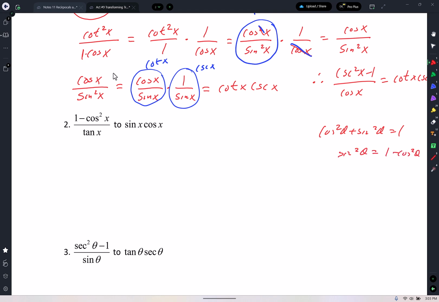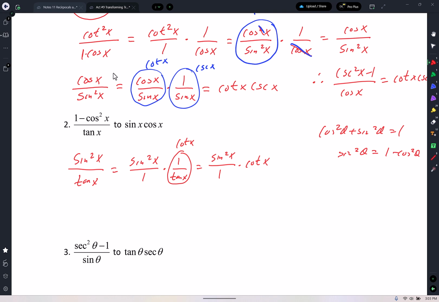And then with that, I was able to get sine squared x over tangent x equals sine squared x over 1, because we're expanding it, times 1 over tangent x, which is cotangent, right? So then it's sine squared x over 1 times cotangent x.